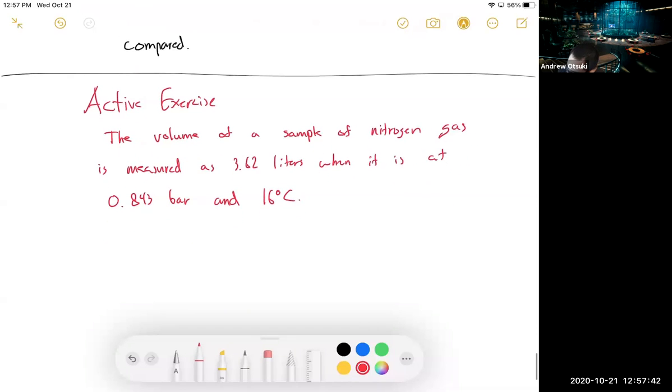So what I want to ask is, what is the STP volume of the nitrogen gas sample?